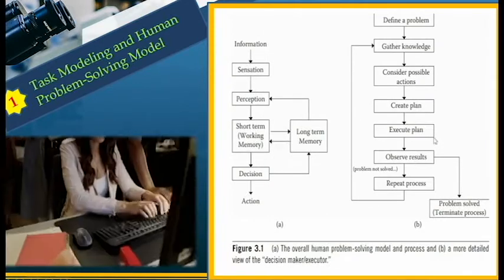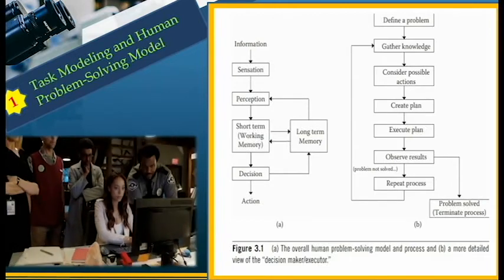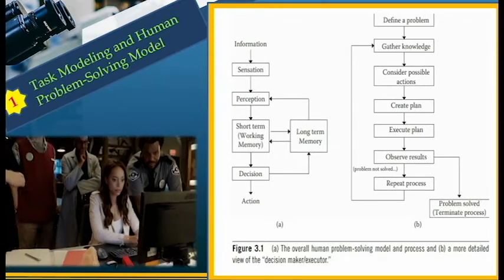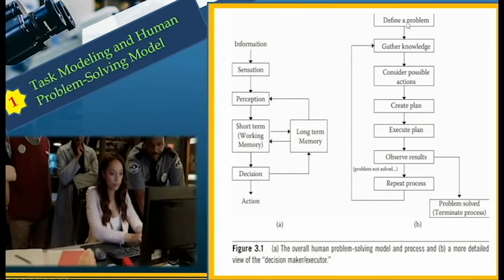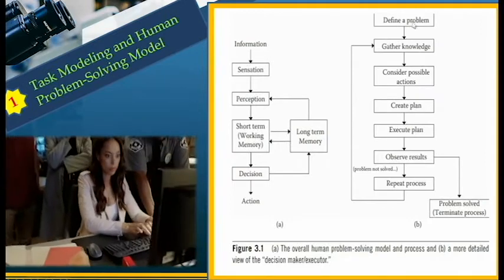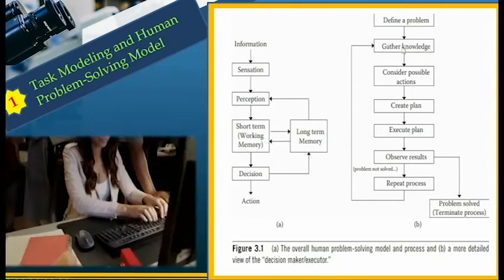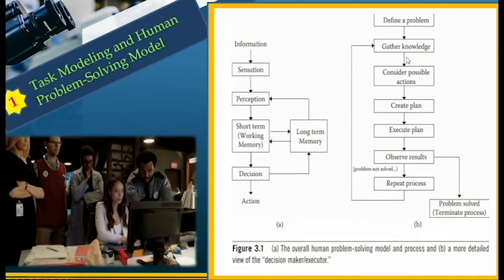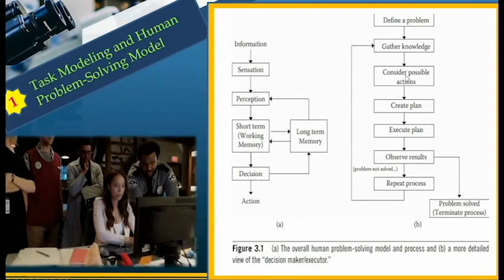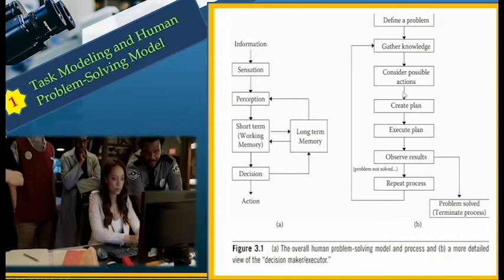From the right side, in figure B, we have a more detailed view of decision maker or executor. Once the problem is defined, it goes down to gathering of knowledge or information. Once you have gathered, you consider some possible actions. Then you create the plan.